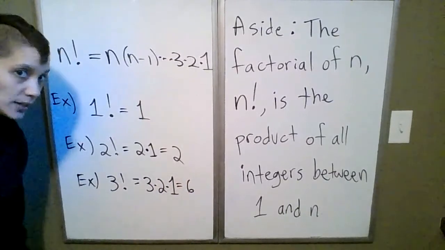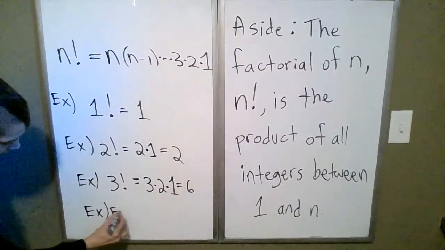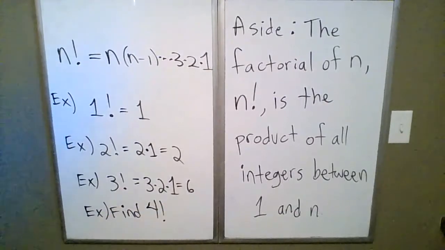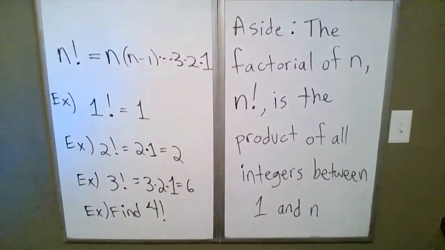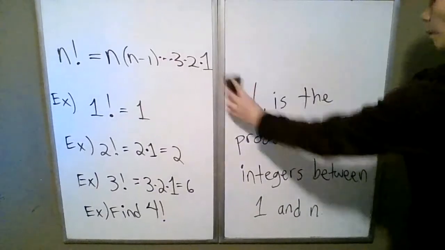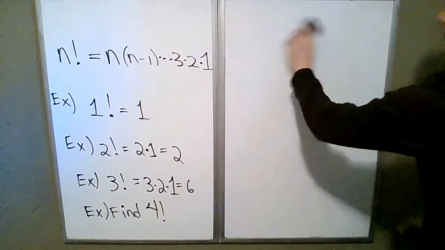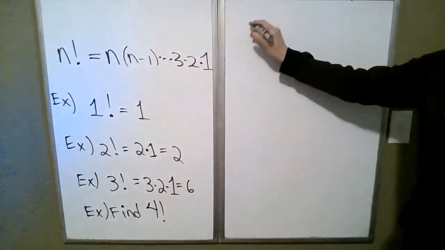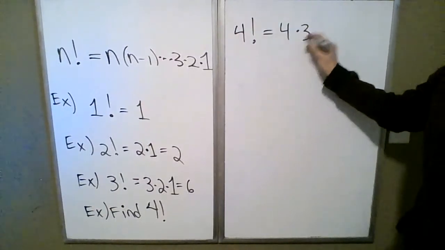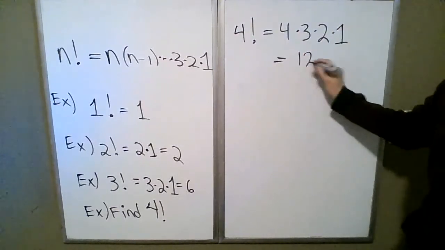Okay, find 4 factorial. 4 factorial is 4 times 3 times 2 times 1. Should be 12 times 2, which is 24.